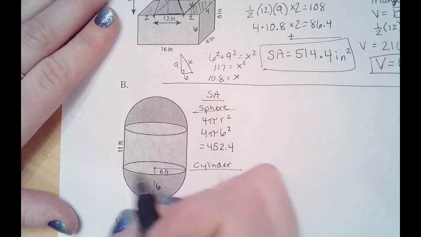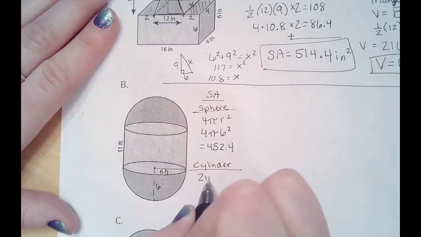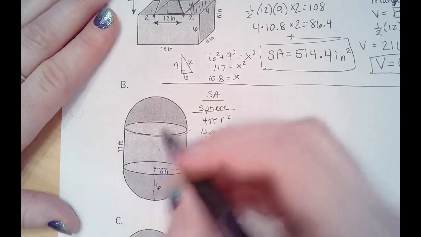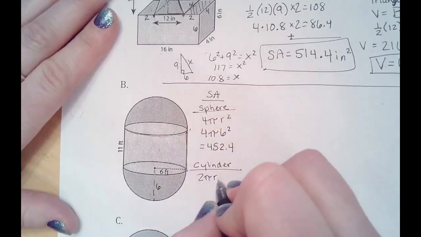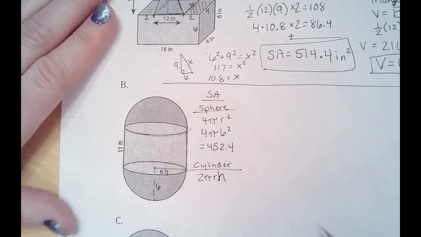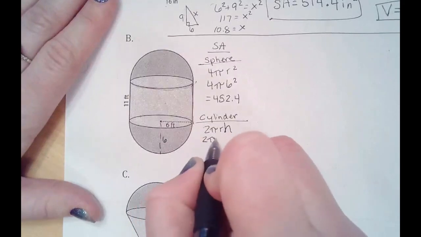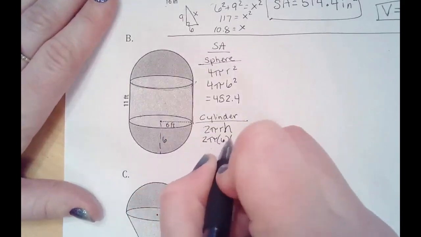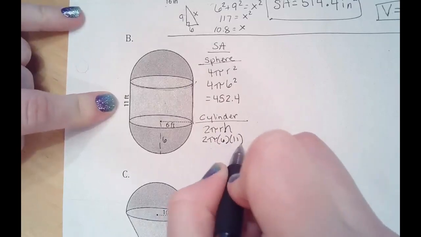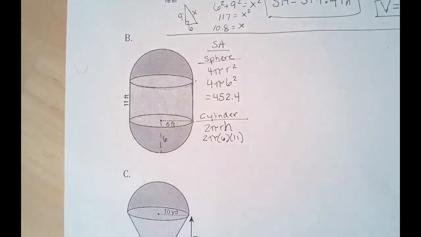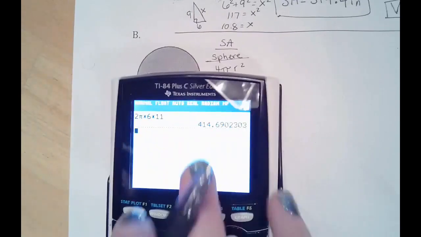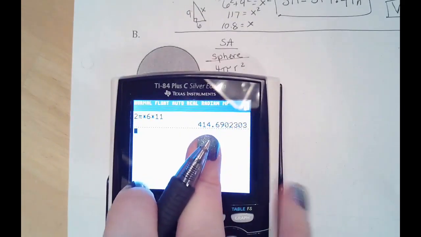Remember we calculate that by 2 pi r because it's kind of circumference, and then the height we call L or H, 2 pi r H. Plugging in what we know, we have 2 pi, r is 6, H, height of the cylinder, is 11. Plug that all into your calculator, again, round to the nearest tenth. I got 414.7.